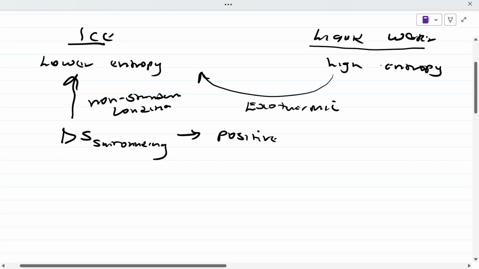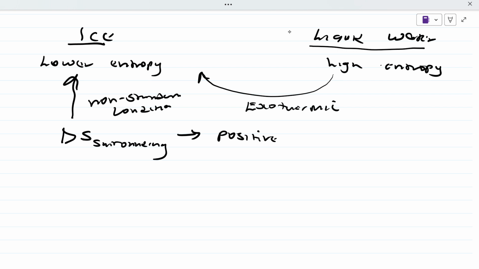Now, since the reaction is exothermic, entropy of the surroundings will be positive. But initially I said that for entropy of the surroundings to be positive, it means that its magnitude is greater than entropy of the system.